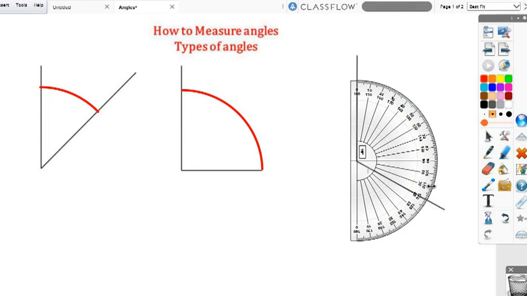And when you read it, take note that each of these small vertical lines is 1 degree. If you notice where we are, how many degrees? Yes, 120 degrees. So we take our pencil and indicate here our angle.